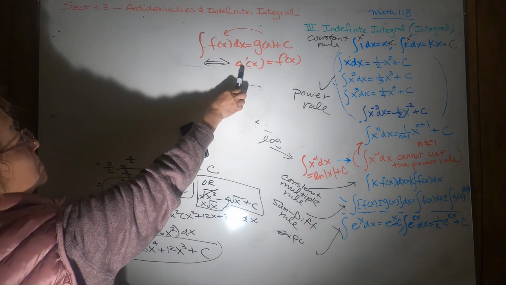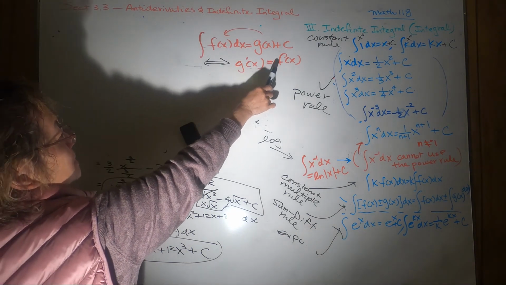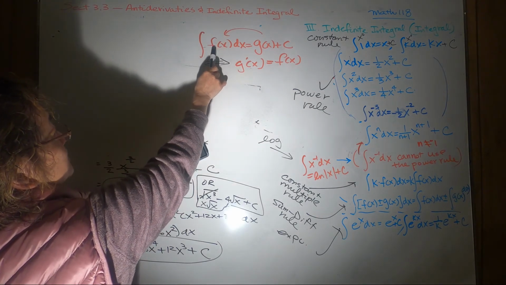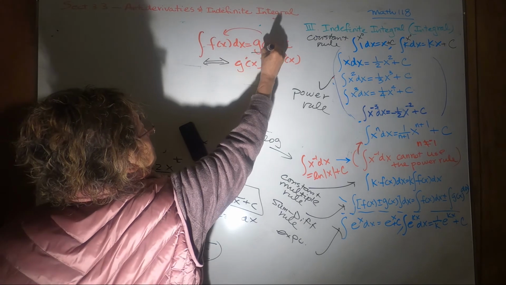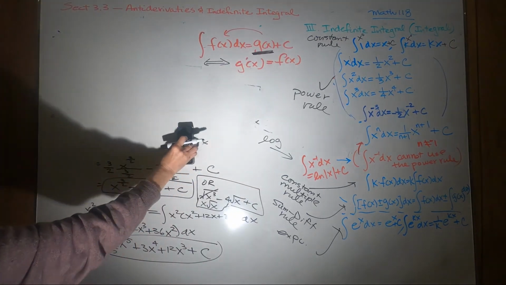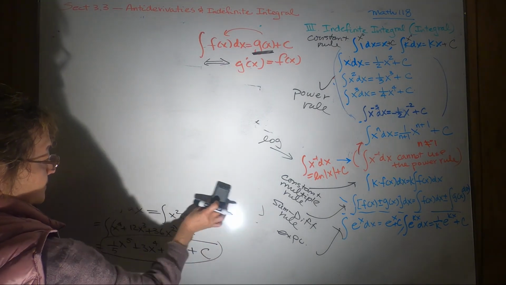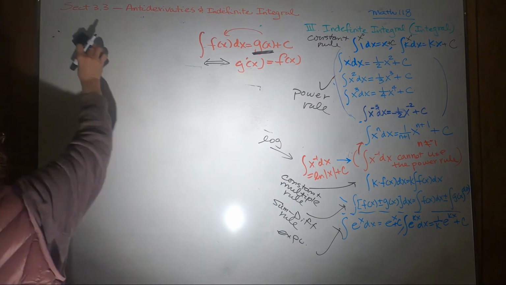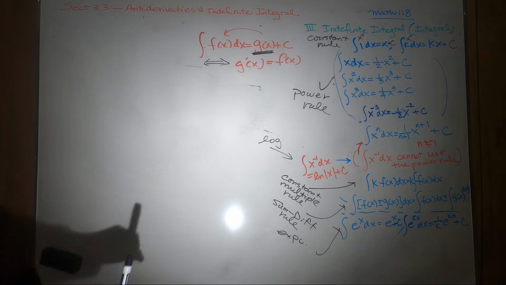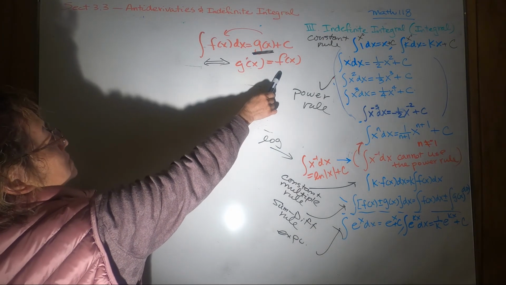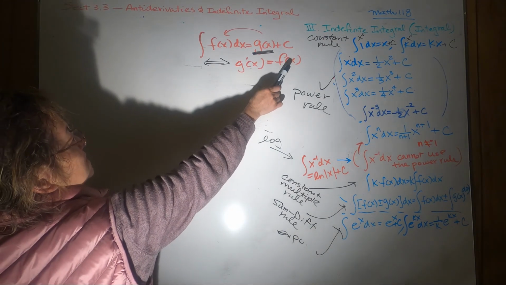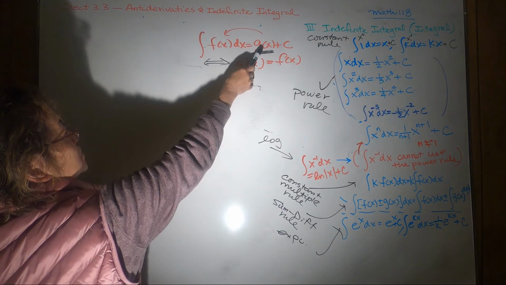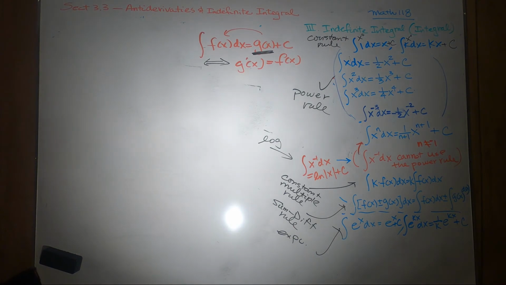As long as you remember this: you take a derivative, it becomes the function, then you take the antiderivative, you should get back to the original function, right? So that's what we are doing. We are doing the opposite of the derivative. From the thing being derived, when you do the antiderivative, you go back to that thing.